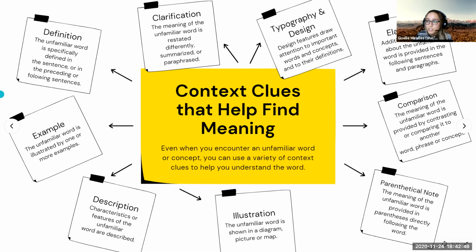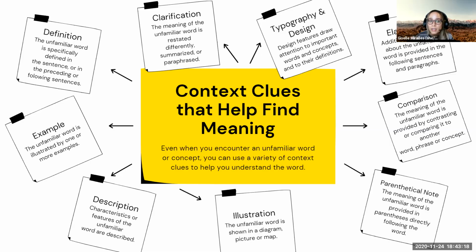Clarification is a type of context clue where the meaning of the unfamiliar word is restated differently, summarized, or paraphrased. I'm going to show you examples in a bit, but one way that you can figure out when a clarification is happening is when you see things like in other words, simply, or clearly. So if you see a phrase starting with that, it's most likely a clarification.